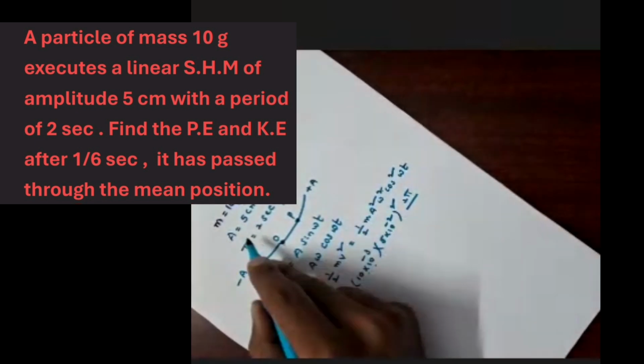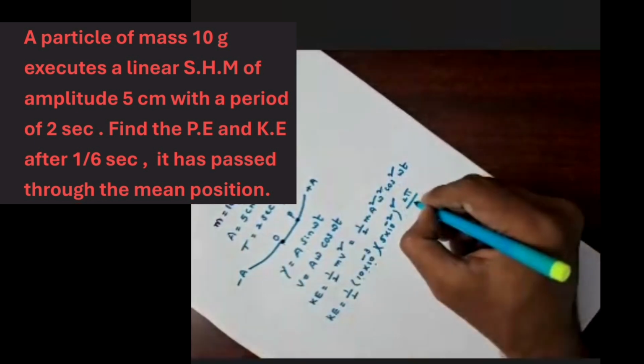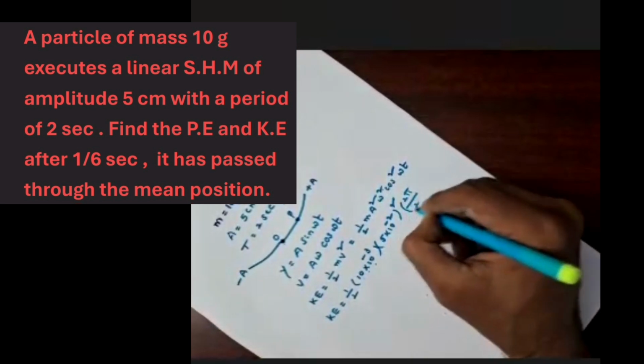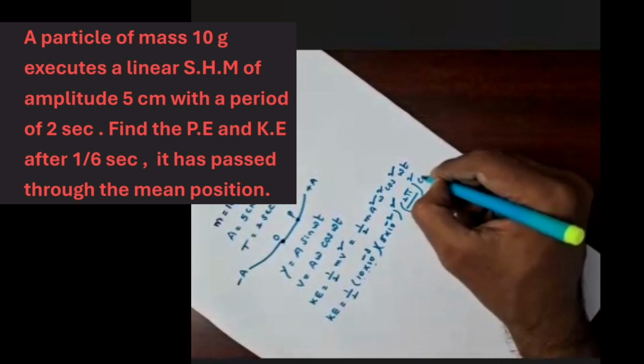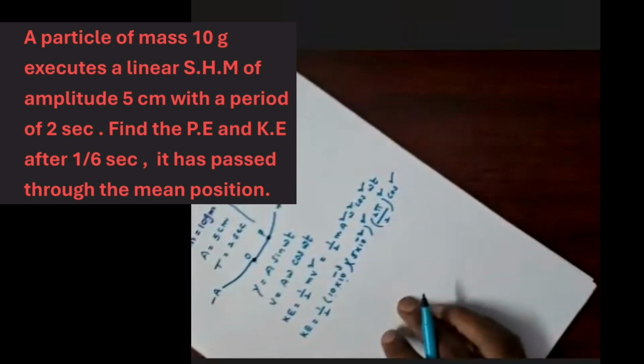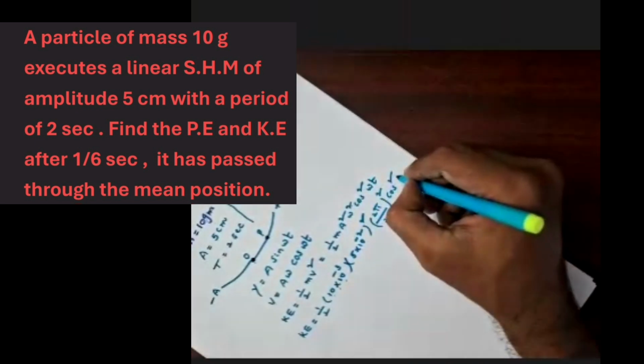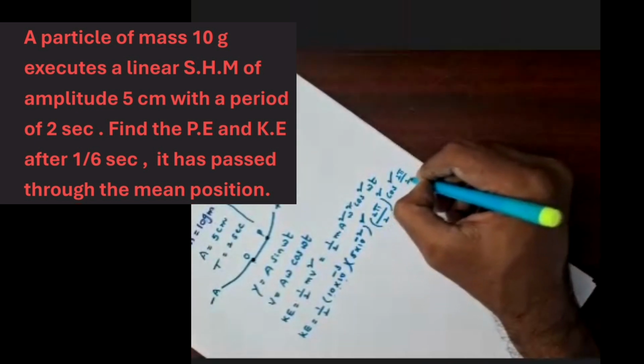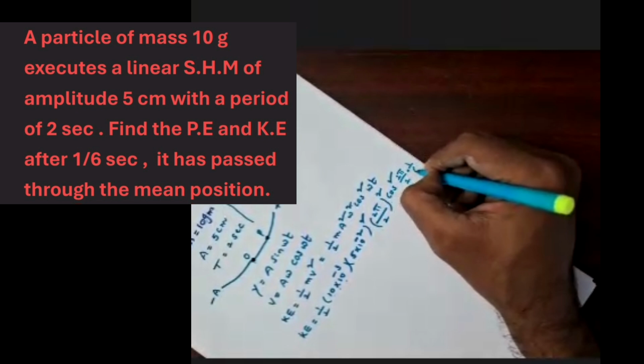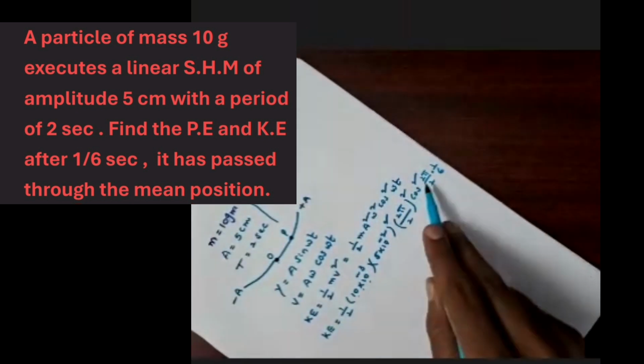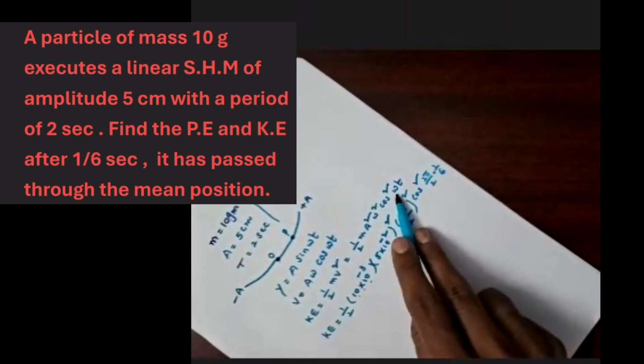In the problem it is given that T is equal to 2 seconds, so omega square, whole square, cos square omega t. Omega is nothing but 2 pi by capital T, and t is 1/6. 2 pi by capital T is omega.